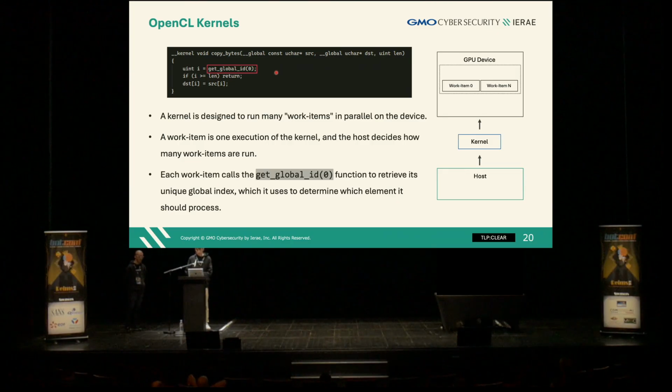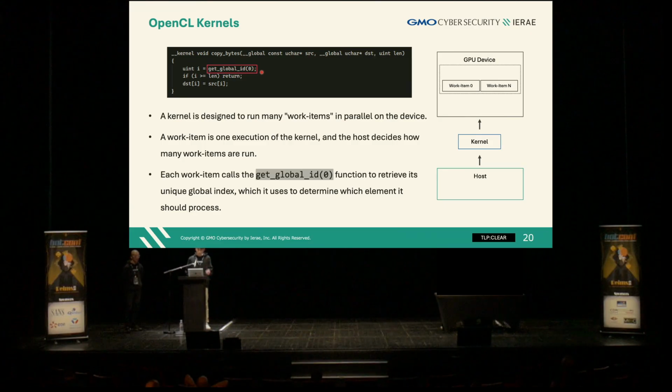For example, you can see you've got this get global ID call in this kernel. What this does is retrieve a global index, and that determines which element I should process next. In this example, it just writes from a source to a destination, very simple.